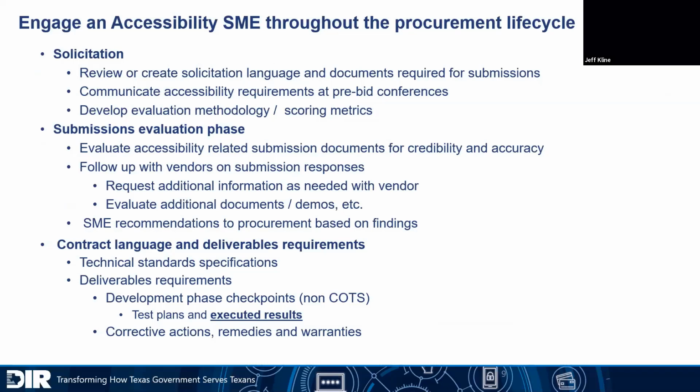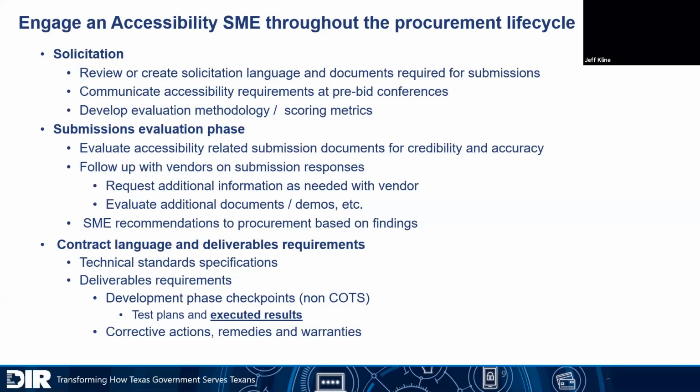So in the solicitation, that person should be involved in reviewing and creating the solicitation language and whatever documents are required for vendors to respond to, communicating about accessibility requirements at pre-bid conferences or other forms of pre-solicitation or pre-bid activities, and then develop an evaluation methodology, which could even include scoring metrics on how you're going to score these responses.